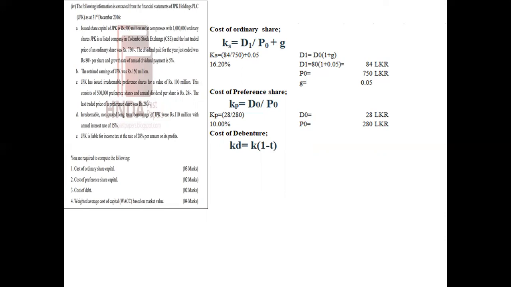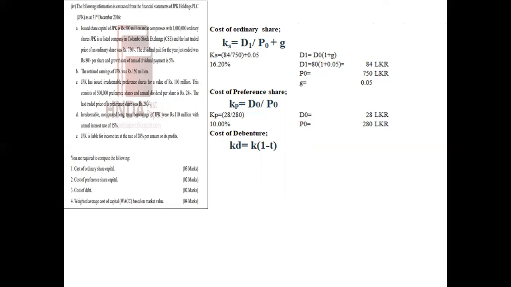When it is redeemable, as in preference shares, we have to calculate the IRR value. Okay, keep that in mind. But in this case, it's irredeemable, non-quoted long-term borrowings, so it is going to be not having a market value.